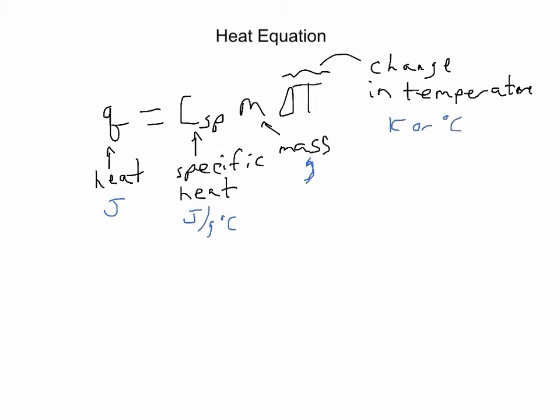The reason why you can use both is because it's a change. Kelvin and degrees Celsius have the same size in their degrees. A degree Celsius is the same change in temperatures as a Kelvin degree, so we can use either. This triangle means change.